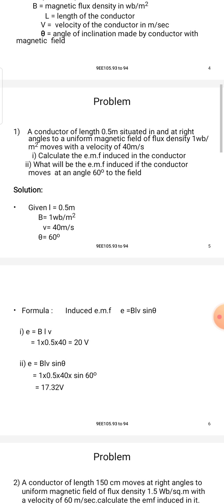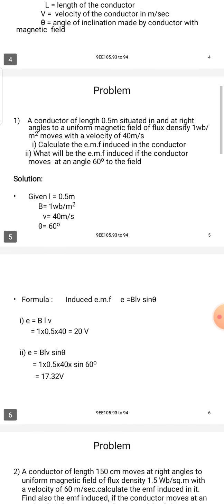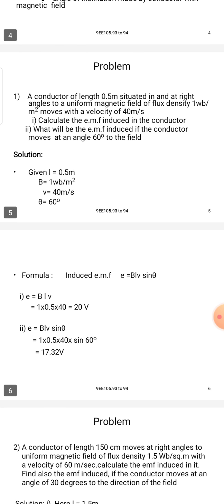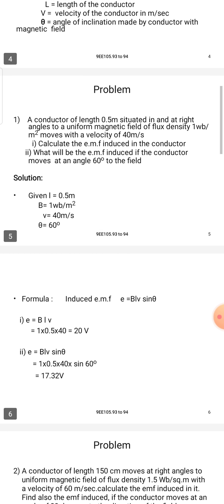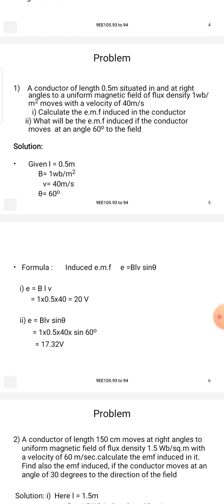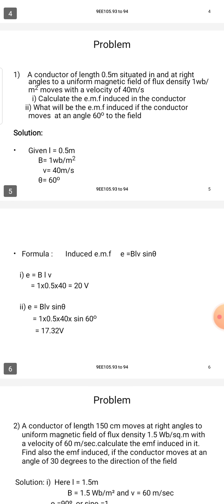The first problem is on page number 5, on dynamically induced EMF. First study the problem.